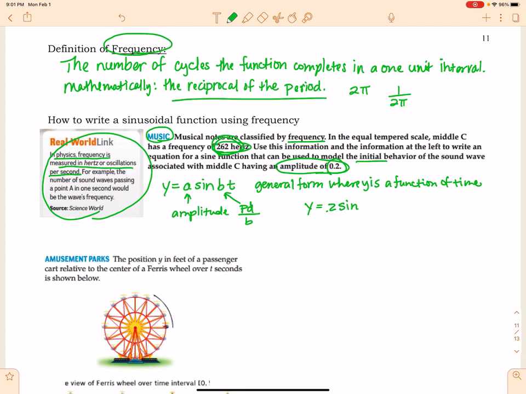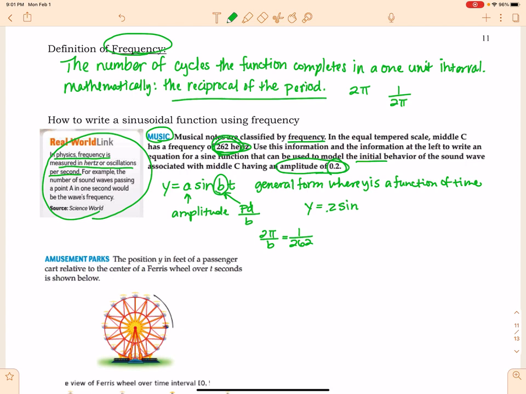So that means that if I'm dealing with the sine function, 2 pi would normally be divided by whatever this value is in here. So 2 pi divided by b, we don't know it, would be equal to the reciprocal of the frequency, since the frequency is equal to the reciprocal of the period.